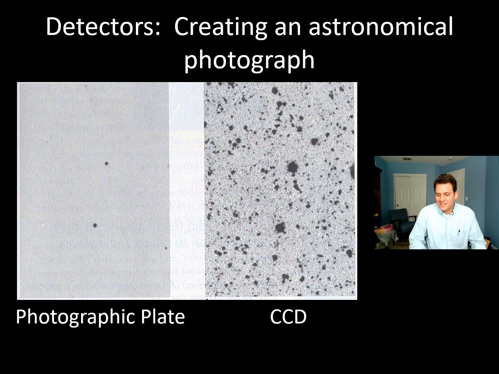And here is a night and day illustration of the advantages of CCDs. Same image taken with a photographic plate and with a CCD, same observation. With a photographic plate, you've got 2, 3, 4, maybe 5 or 6 dots that you can see. And if you squint, you might convince yourself that there's some other stuff, but you can't really tell. With a CCD, it's mind-boggling in terms of what you can see. There's so much more there.